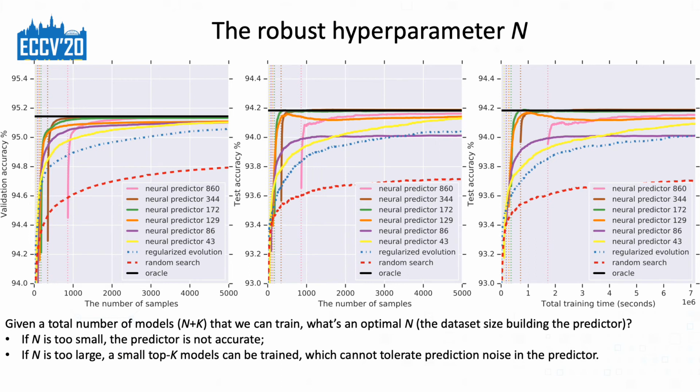However, if n is too large, only a small number of top K models are left to evaluate under the limited budget. In this way, it cannot tolerate the prediction noise in the predictor and can also underperform. However, in the figure, Neural Predictor with all n values can still outperform regularized evolution.